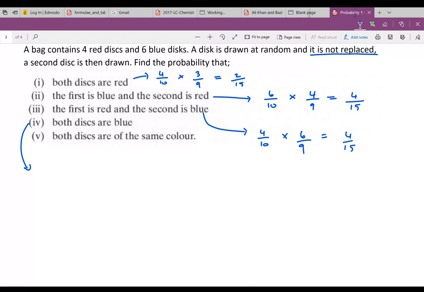Both discs are blue. So we have 6 out of 10, and then you've got 5 out of 9. And we've got 1/3. Both discs are the same colour, so they are either both red or they are both blue.